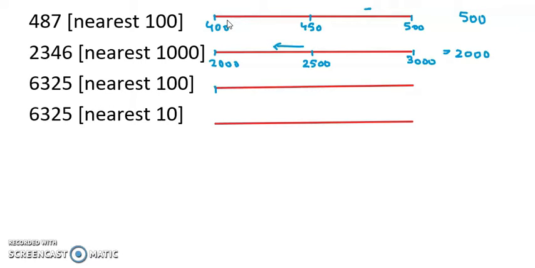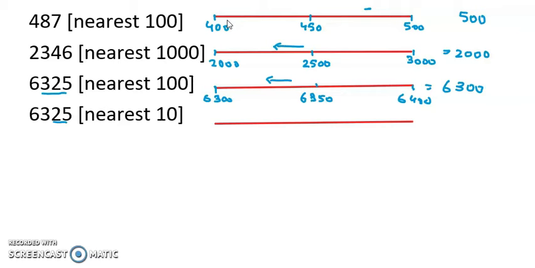6325. We'll be working on hundreds places only, so that makes 6300 and 6400, and the halfway will be 6350. Now this number 6325 is here, so my answer should be 6300. 6325 to the nearest 10.